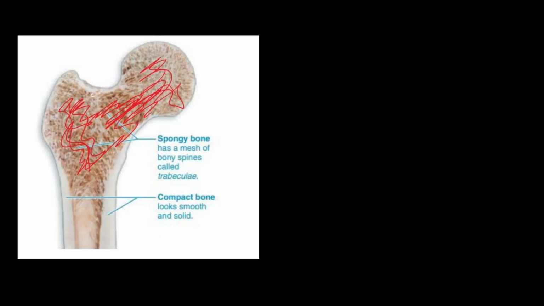It has a honeycomb appearance with some tiny needle-like pieces of bone coming together to form this network. Okay, and I earlier stated that these needle-like structures are called the trabeculae, and trabeculae simply means little beams. In between these tiny needle-like bone pieces, we have red marrow.